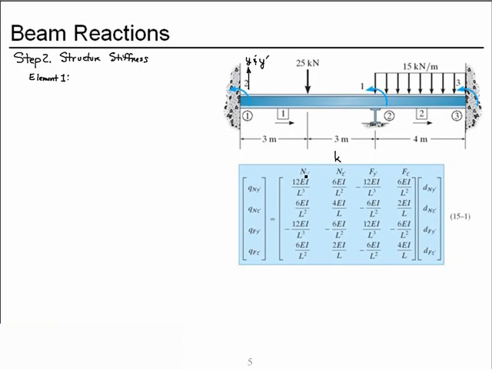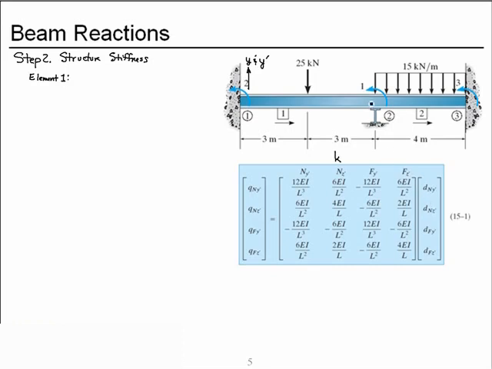And we have near node y prime direction, which would be shears, near node z prime, which would be moments, for forces. In terms of displacements, or deformations, this is vertical displacement, and this is rotation.